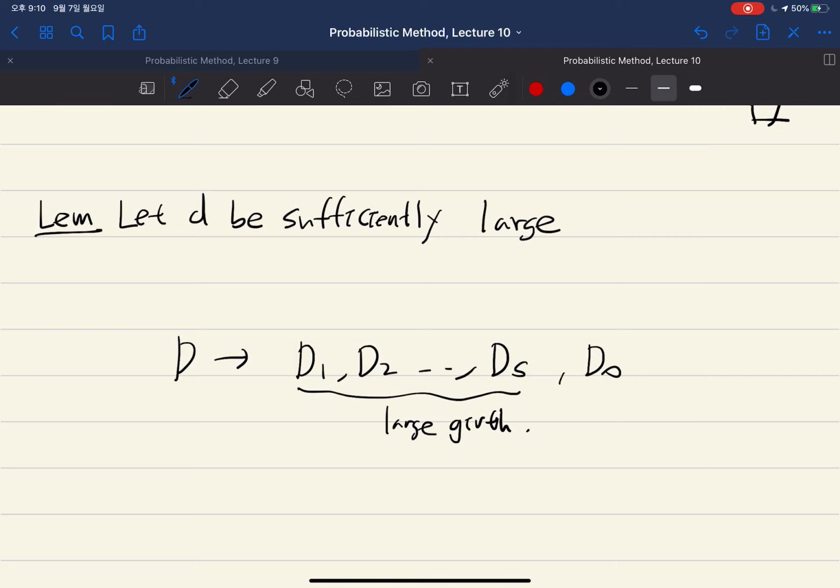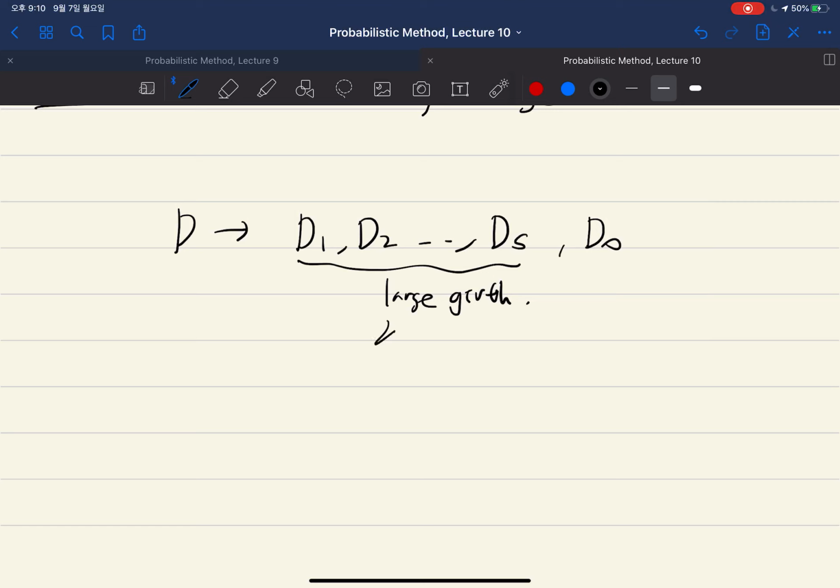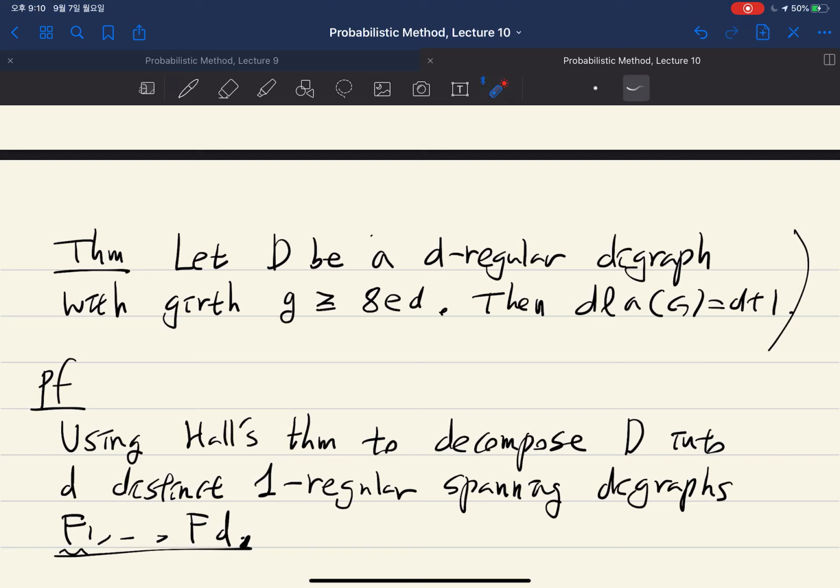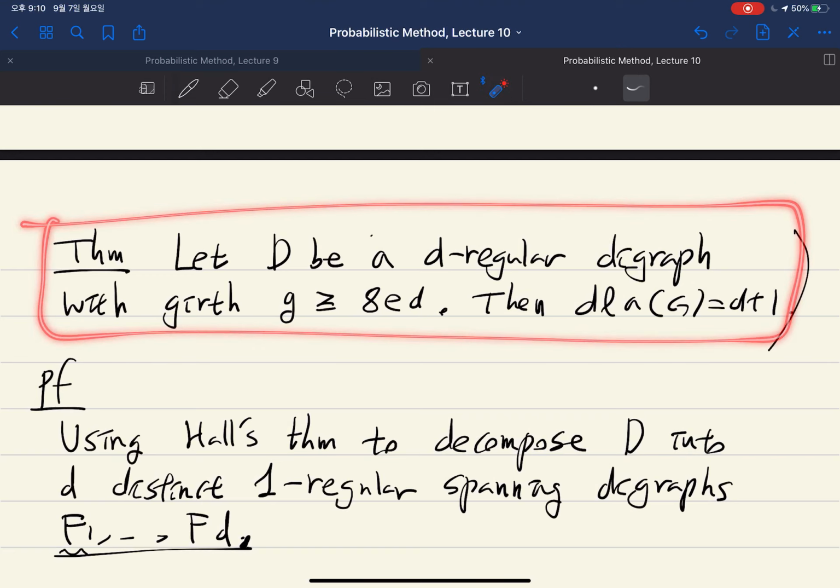And how do we want to do it? And also, this is almost regular, so that we can actually apply this lemma to each Di.